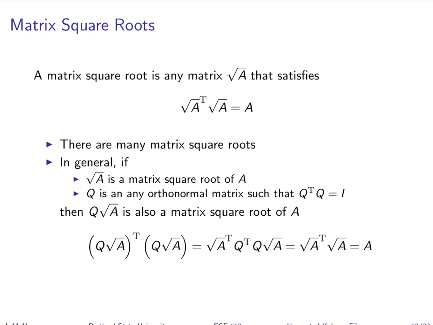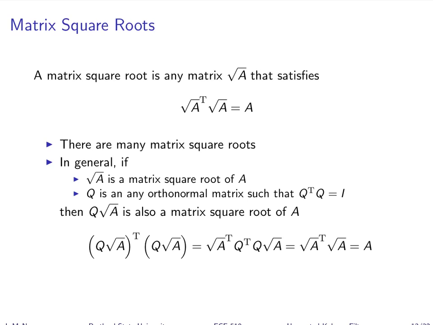And you can see pretty easily that there's more than one, because let's assume right now that the square root of A is a matrix square root of the matrix A, and let Q be any orthonormal matrix. Orthonormal means that if you multiply the transpose of Q times itself, you get the identity matrix. If I've got a square root and I multiply it by Q, that will also be a matrix square root.